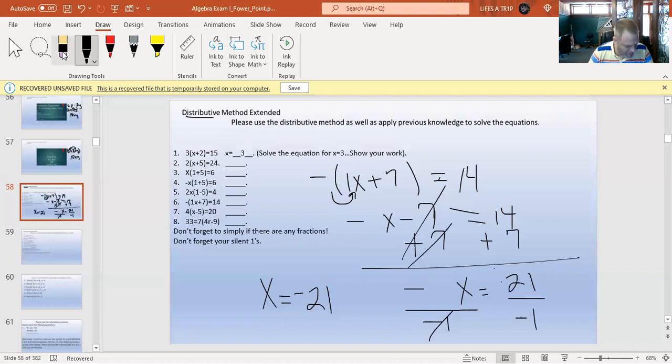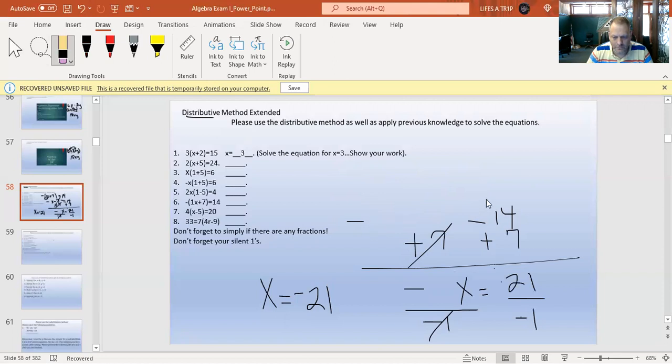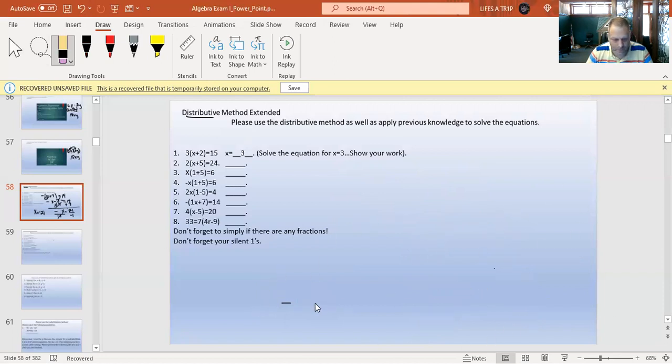Okay, so now we're going to look at number 7. 4 times x minus 5 equals 20.